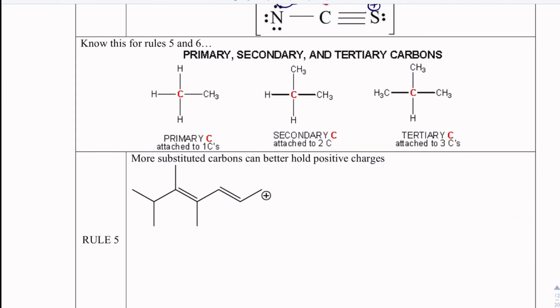Okay, so if we draw resonance structures here, I'll get those drawn. It'll take me a second.